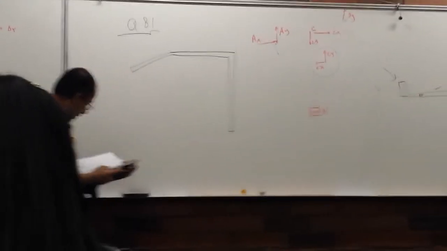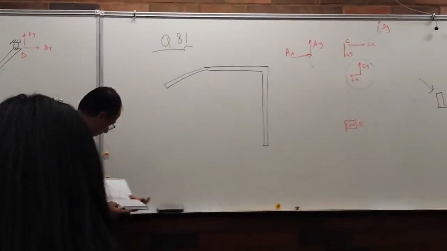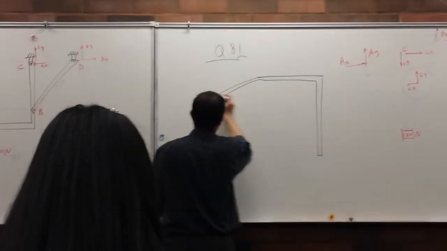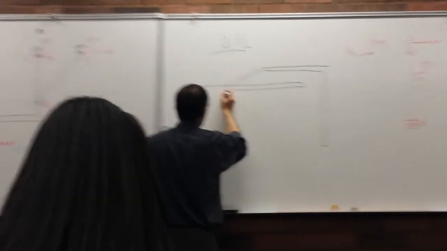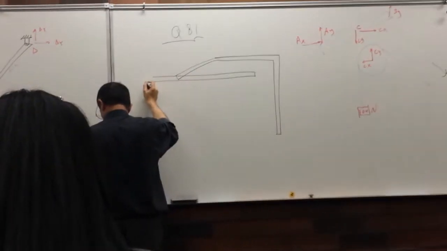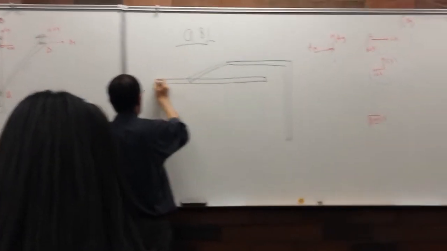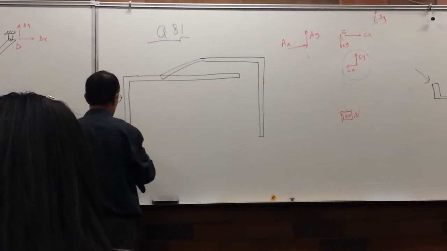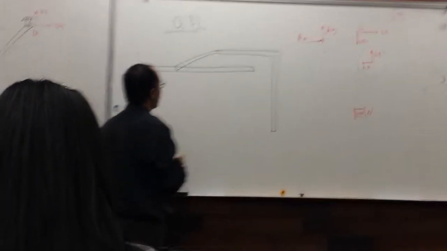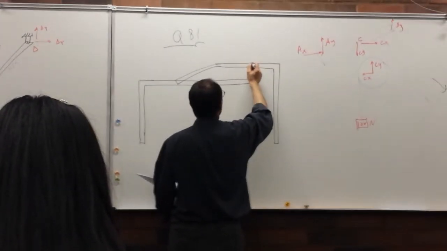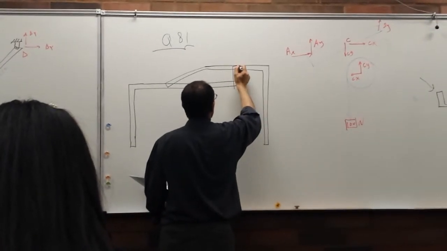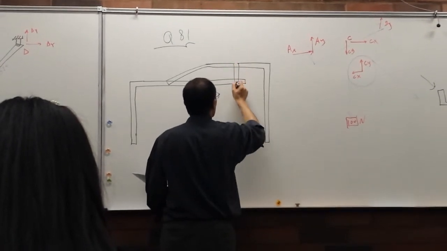This is one piece. Can you see it? Then we have this one, piece number 2. Then we have this one, piece number 3.